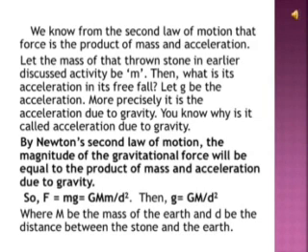By Newton's second law of motion, the magnitude of the gravitational force will be equal to the product of mass and acceleration due to gravity. Then F is equal to m into g, which is equal to G capital M small m divided by d square, which is already equated to the gravitational force, where capital M is the mass of the Earth, small m is the mass of the stone, and d is the distance between the stone and the Earth.